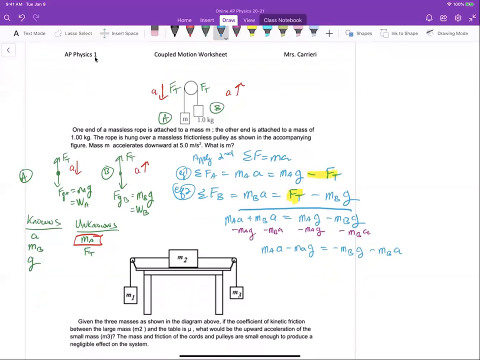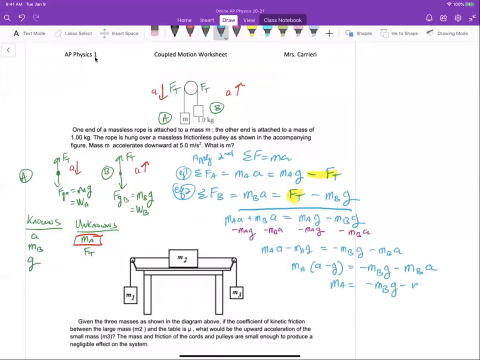I can factor out mA from here, and I get mA. It would probably be good if I kept the big capital A. There we go. mA times our acceleration minus acceleration due to gravity is equal to negative mBg minus mB times acceleration of the system. I'm almost there.